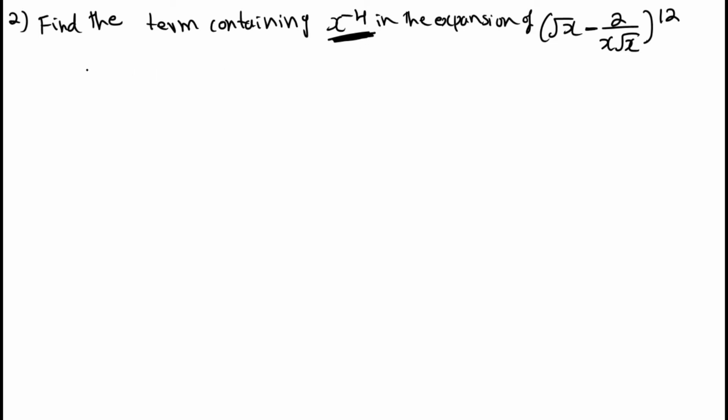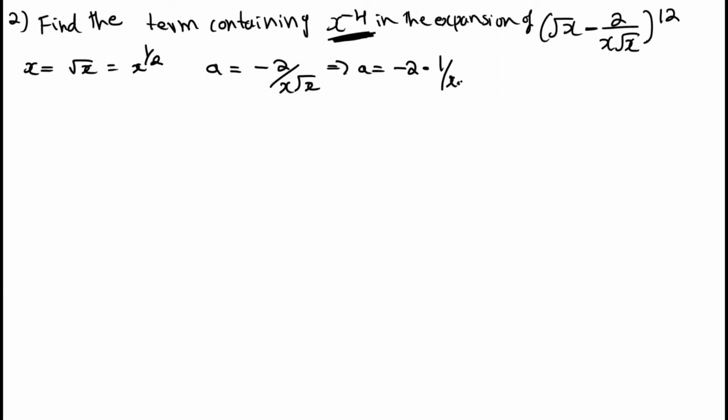Okay. First, x is equal to root x. We know root x equal to x to the power 1 by 2. And a value equal to minus 2 by x root x. This implies a value is equal to minus 2 into, see, 1 by x into x to the power 1 by 2. Right? Keeping minus 2 outside, root x means x to the power 1 by 2.